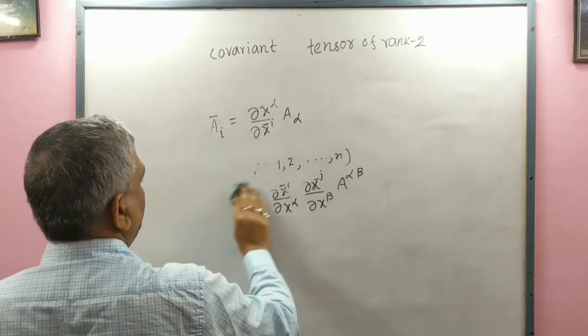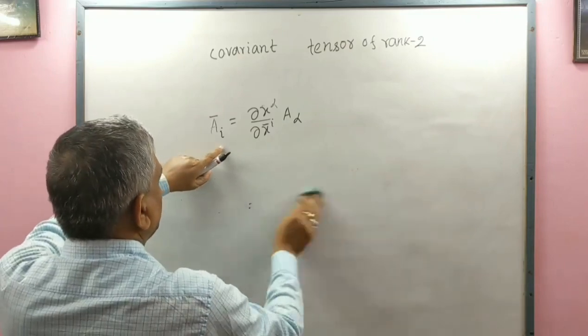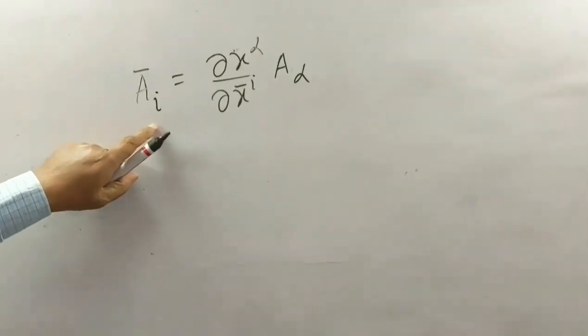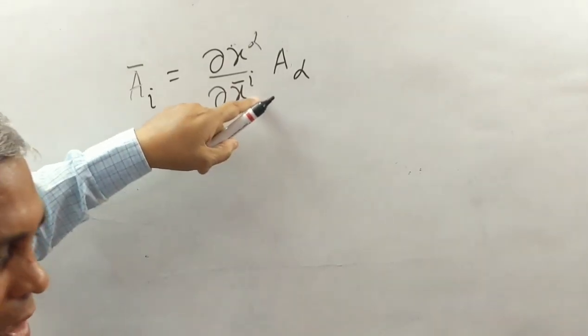Here the position of i is a subscript on the left side and x bar i is in the lower position.